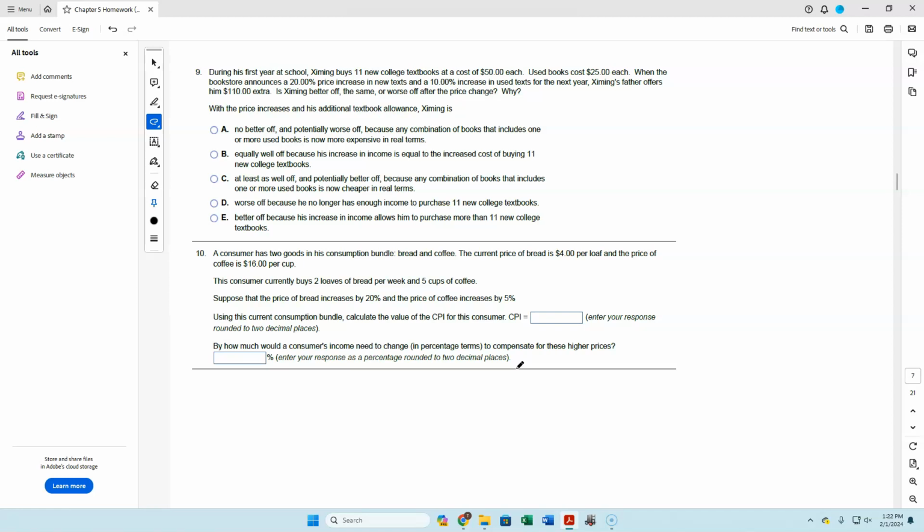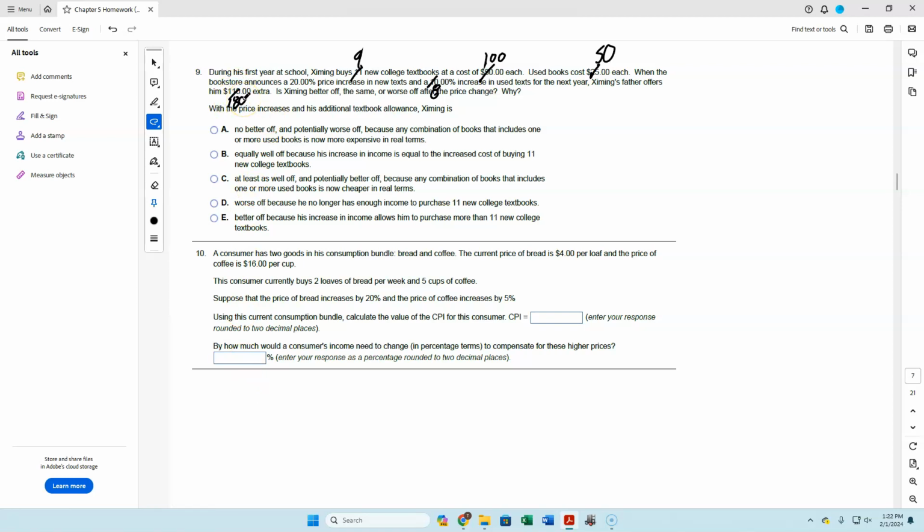Okay, again, I'm going to change this slightly just to reflect what I have here. I have a 9 here, and I have college textbooks costing 100. Used books I have costing 50. 20% increase in new texts, and I have an 8% increase in used texts. And he's being given $180 extra.